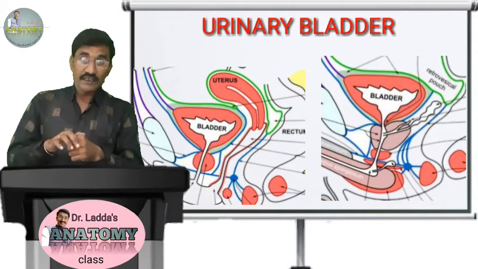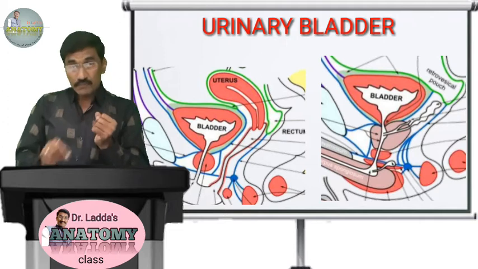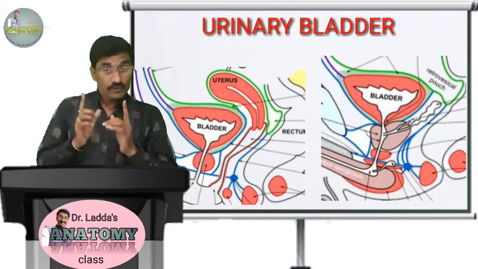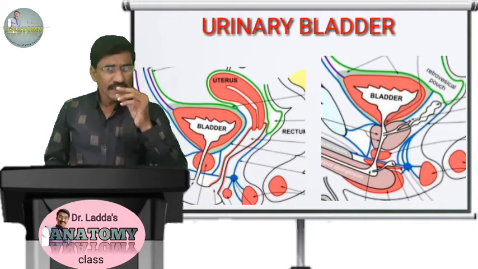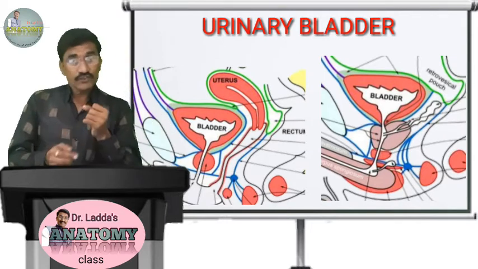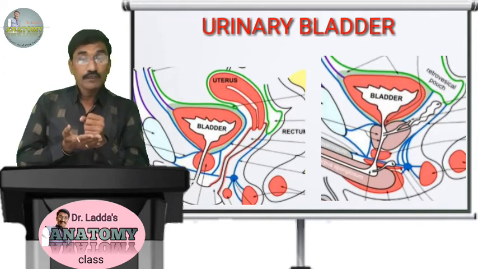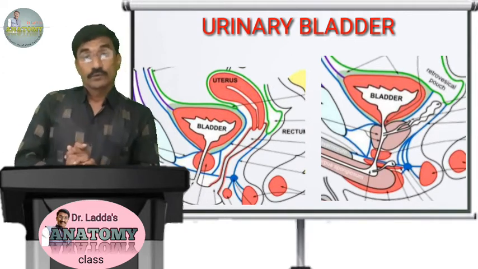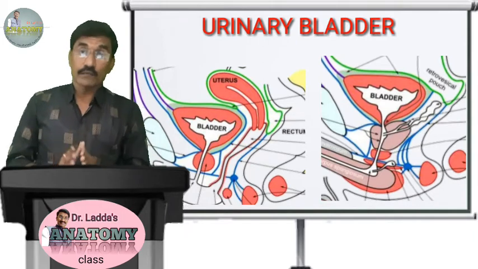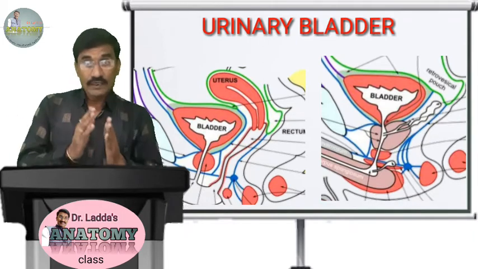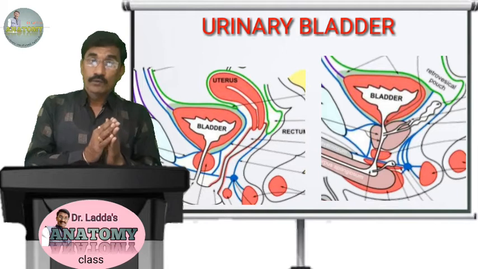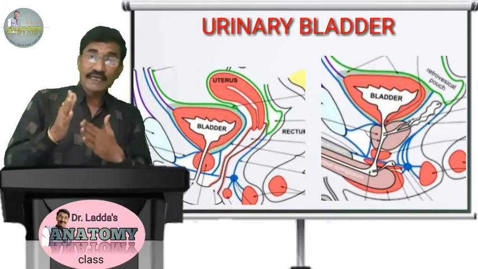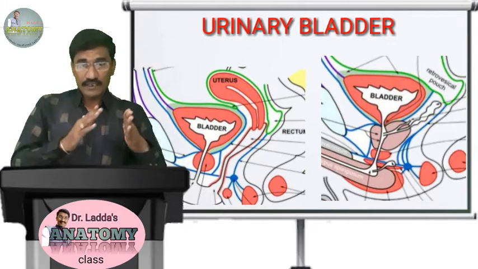Through this neck the urethra comes out, and it has internal and external urethral orifices. In male, in relation with the neck there is one gland, the prostatic gland, and in female there is no prostatic gland. Now if we think about the relations of the neck, we are supposed to consider the relations of the neck in female and in male.